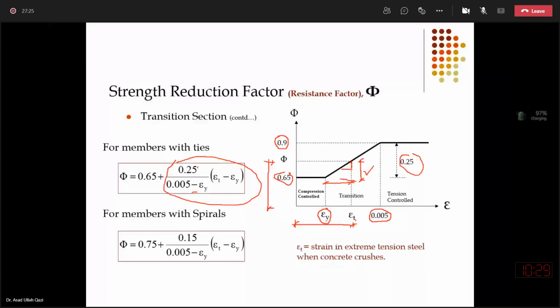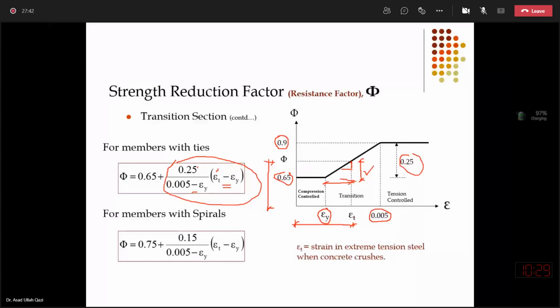So epsilon t minus epsilon y. Suppose my steel has the strain 0.003 and the grade was 420, so it means epsilon y is 0.0021. So this will become the base into the slope.